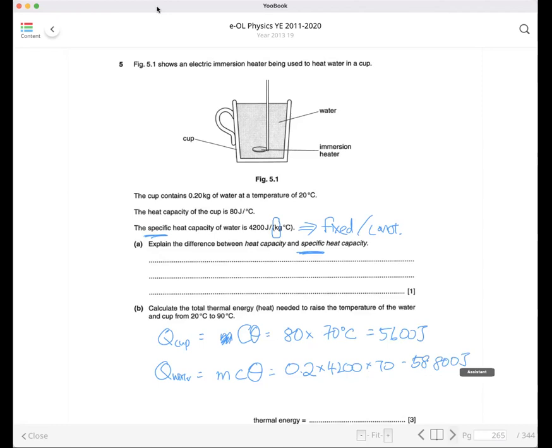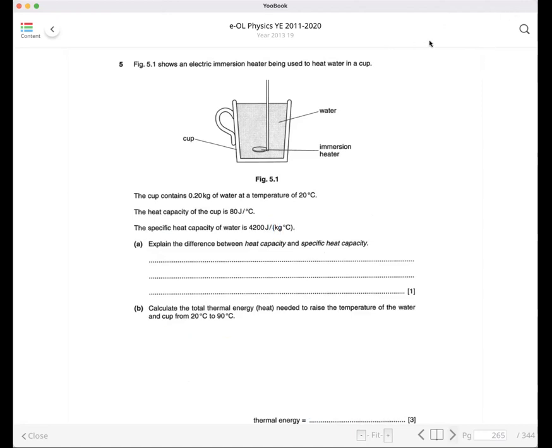Then you add them together, what do you get, Bei Kuan? Okay, very good. So the answer for this will be 64400 joules. Okay, let's continue.